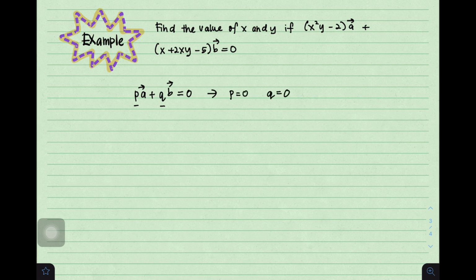Okay, so maksudnya kalau dua vektor ditambah dan awak dapat sama dengan kosong, maksudnya skala yang P ni adalah kosong, skala yang Q ni pun adalah kosong.